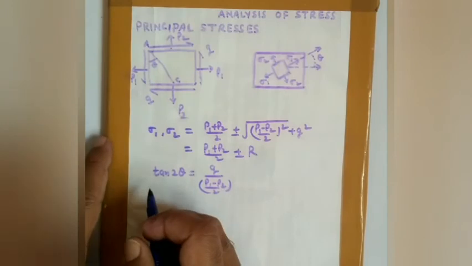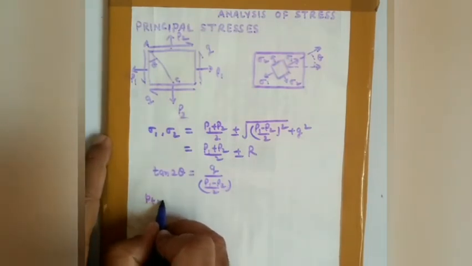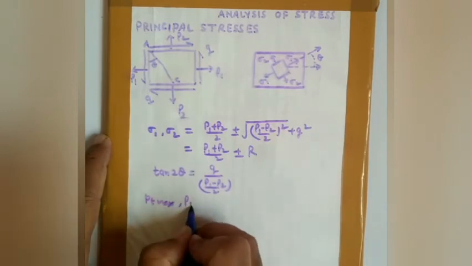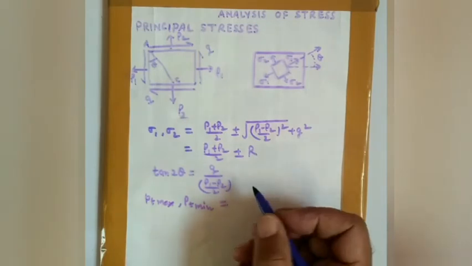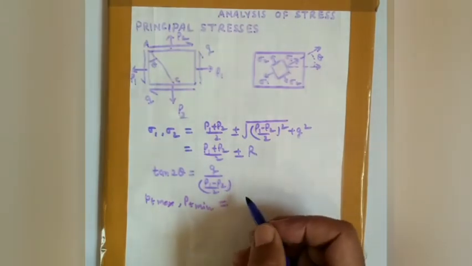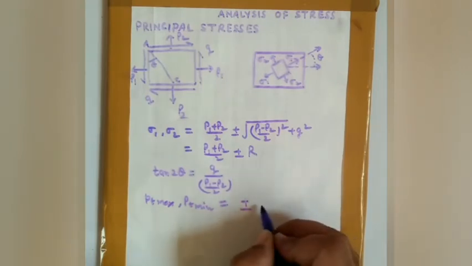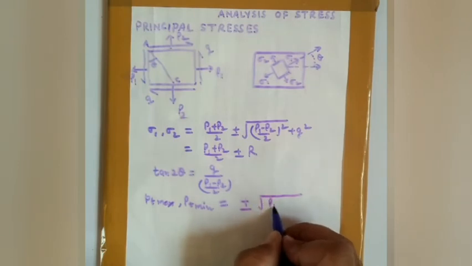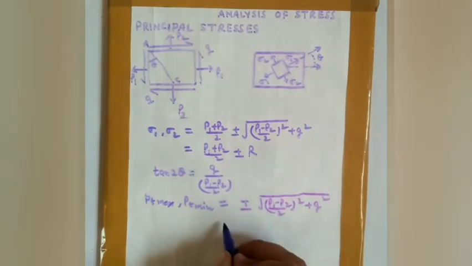Similarly, we have derived that if pt max and pt min are the maximum and minimum shear stress, then pt max, pt min will be equal to plus minus root of ((p1 minus p2) by 2) whole square plus q square, or we can simply write it plus minus r.